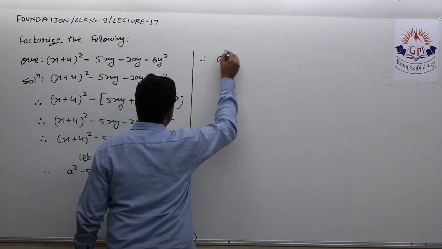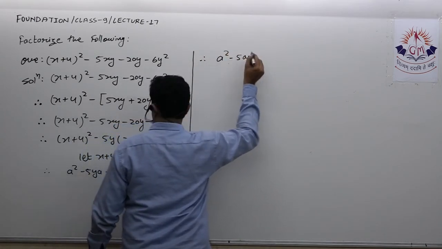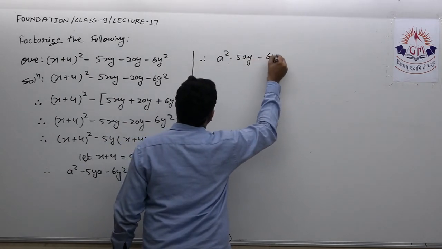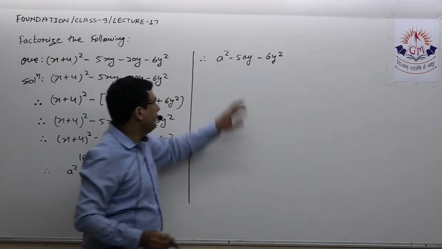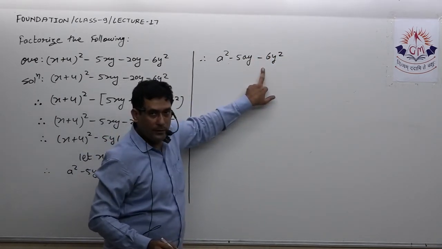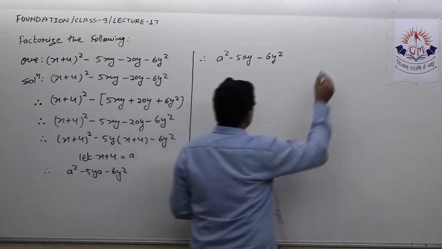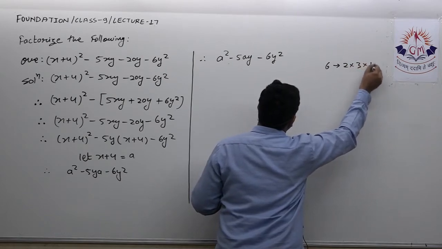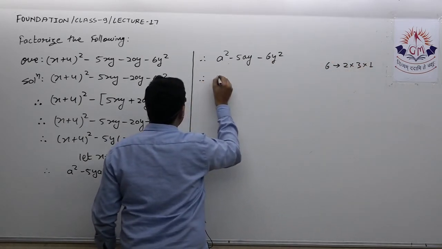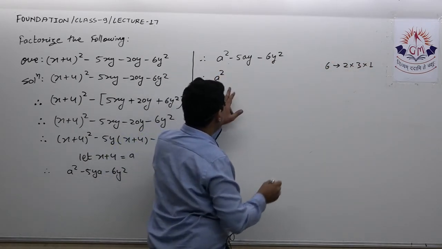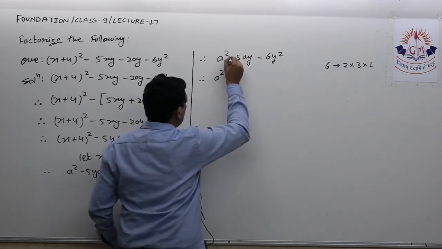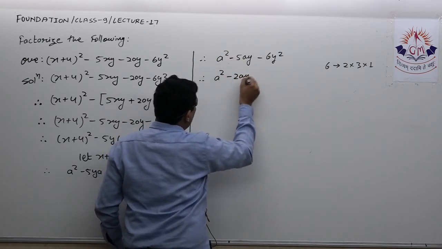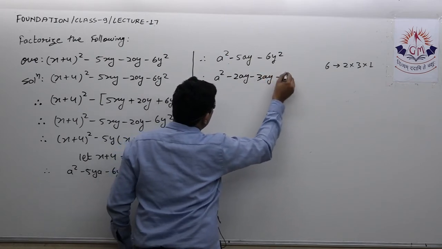Now here I have a square minus 5ay minus 6y square. So now I have to find the factors of 1 multiplied by 6 to get 5. Here factors of 6 will be 2 and 3 and 1. So here I can write a square, and this minus 5ay I can write minus 2ay minus 3ay.